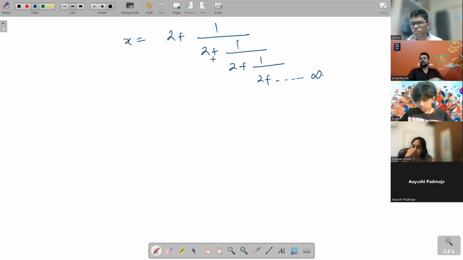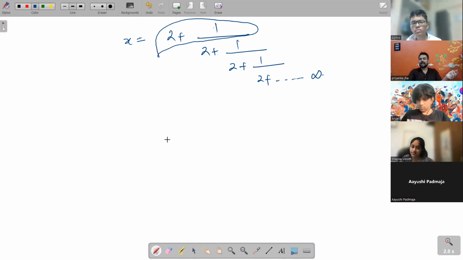Suppose you take one glass of water out from the sea, do you think there will be any difference in the height of the water level in the sea? No, right? Like that only. If you take one term out from infinite terms, it is not going to make any difference. So just hide one term.